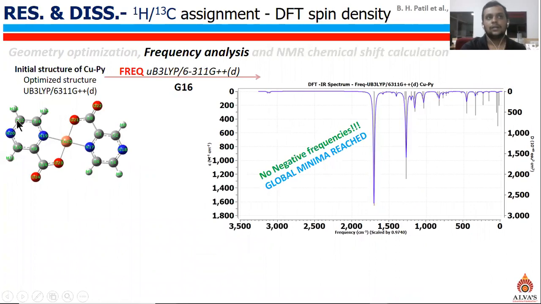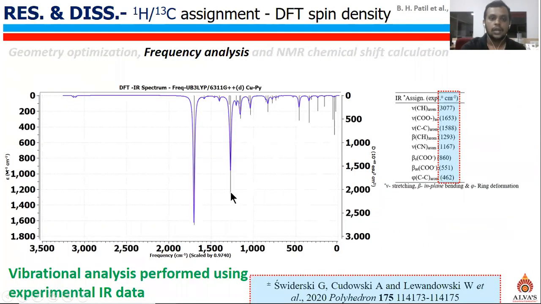Once the optimization is done, the frequency analysis has to be done. We ran the frequency calculation under the UB3LYP 6-311G plus D basis set. We acquired the IR spectrum, which has no negative frequency, so we can tell that the global minimum has been reached. This vibration analysis has been compared with IR data from the work of Lewandowski and co-workers.